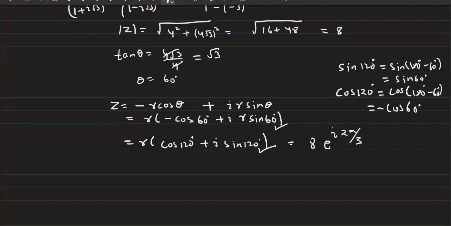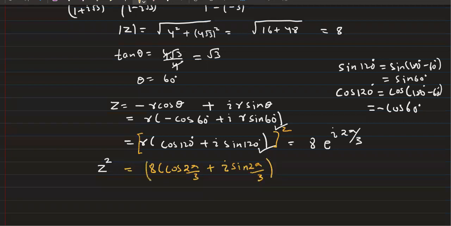Now, just imagine if I ask you, find z square. It would be difficult if you have to square this whole term. Because z square is 8 cos 2 pi by 3 plus I sin 2 pi by 3 whole square.